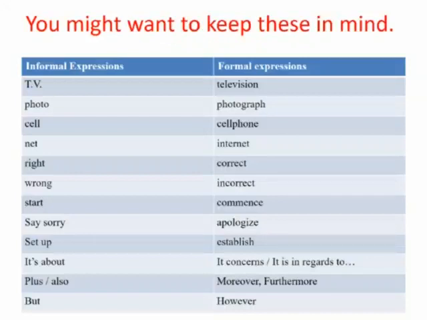If TV is informal, television is formal, photo and photograph, cell and cell phone, net and the internet, right is correct, wrong is incorrect, start is commence. When you want to say sorry, use apologize. When you want to say set up, use establish. When you want to say it's about, you may say it concerns or it is in regards to.